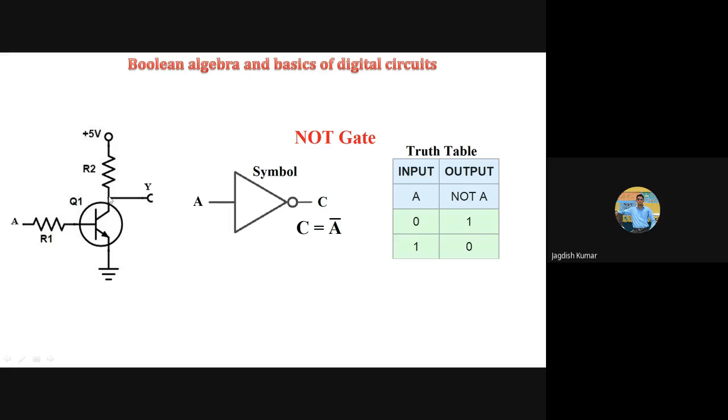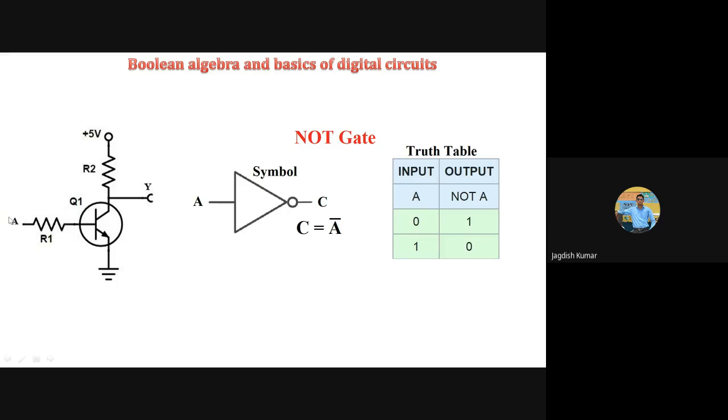The whole potential drop will be across this resistance: the potential at this point will be 0 and at this point will be 5, and the whole potential difference will be I times R across this resistance, because there is no other resistance. That is how, when A is high, meaning 1, the output C or Y will be 0.